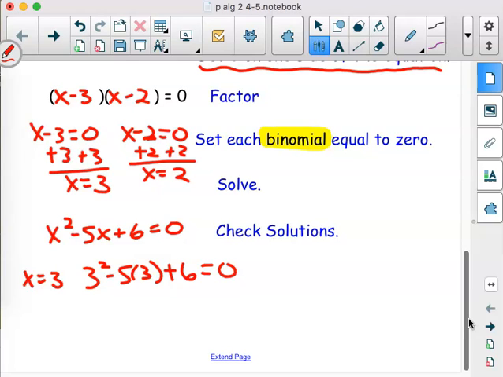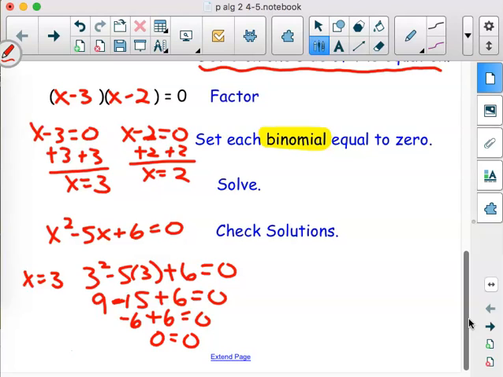Order of operations, you do the power first. So 9 minus 15 plus 6 equals 0. 9 minus 15 is negative 6. Yep, we did it right. We got a 0.